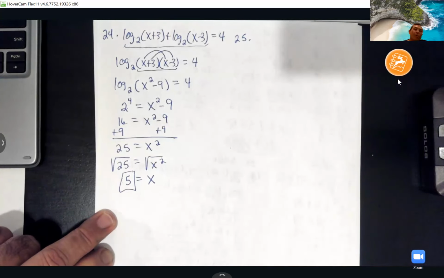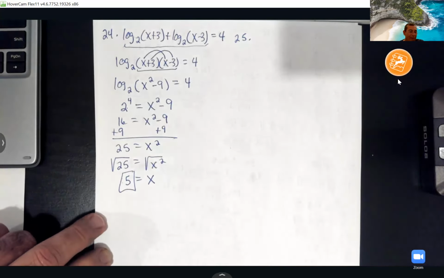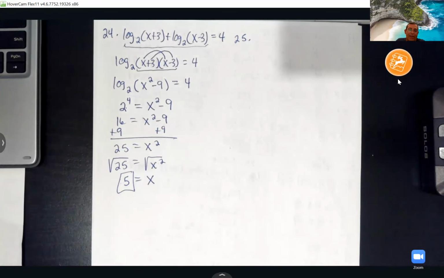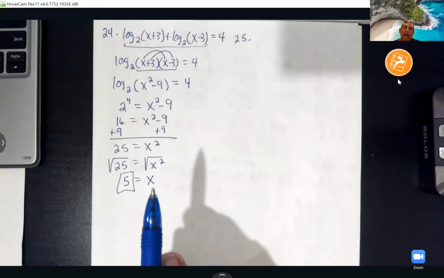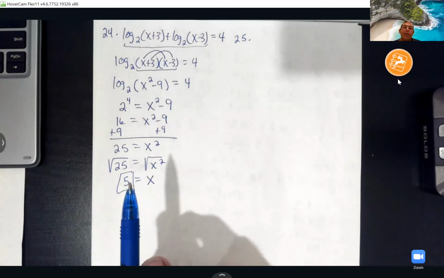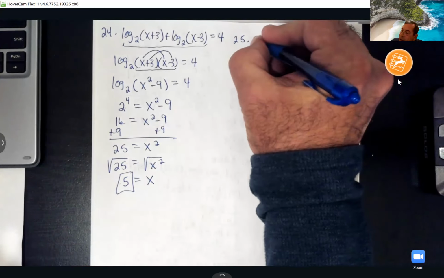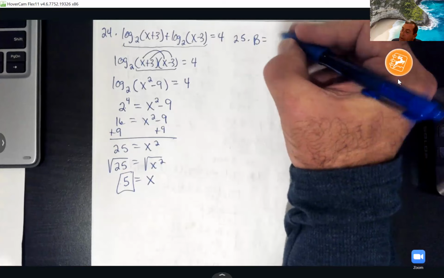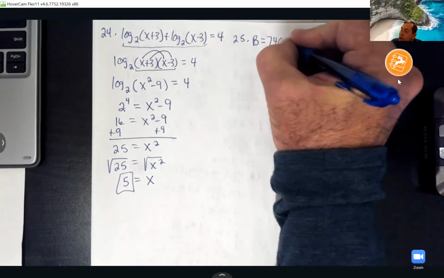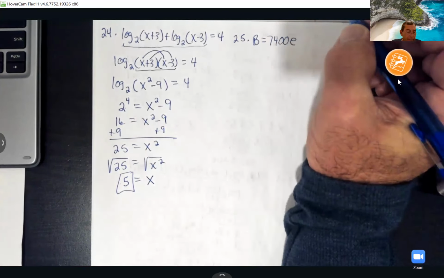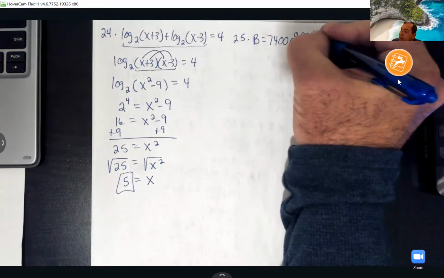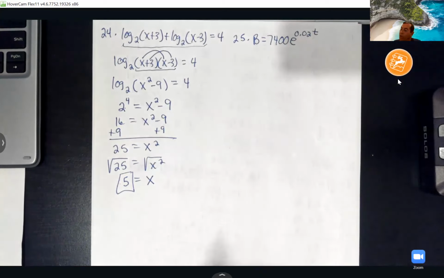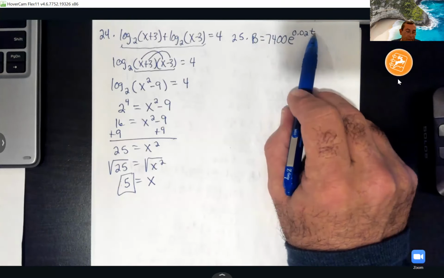All right, y'all, so number 25. And this would be like the last 3 problems you did in 9.7. The number of library books in a small library increases according to the function B equals 7,400 e to the 0.02t, where t is measured in years.